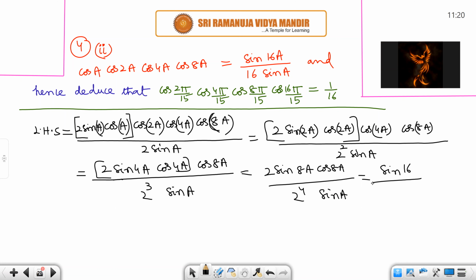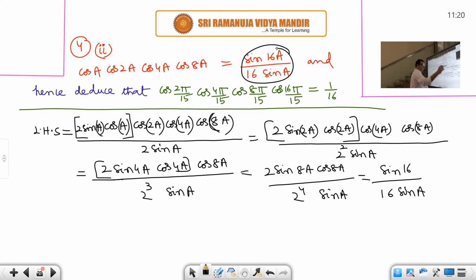By what? 2 power 4 is 16, so 16 sin A, sir. Did we reach the right hand side? Yes, sir. So we have reached the right hand side, so it is over.